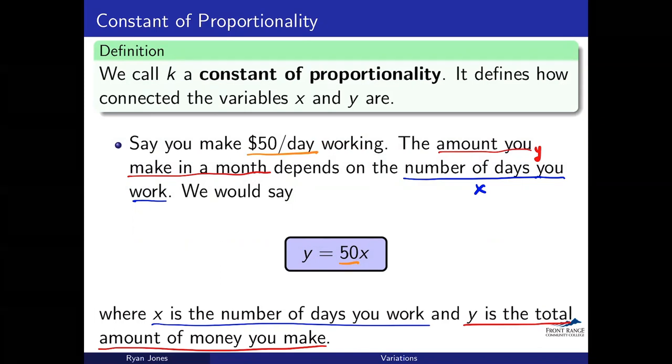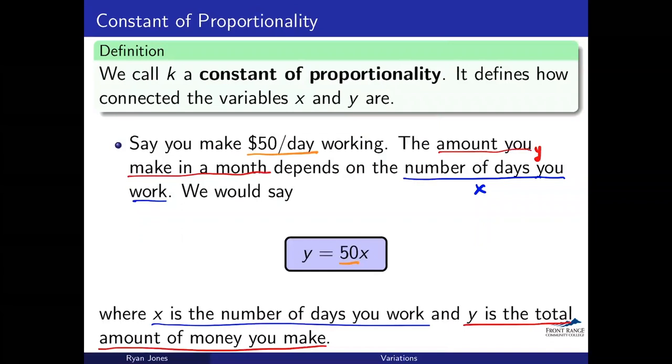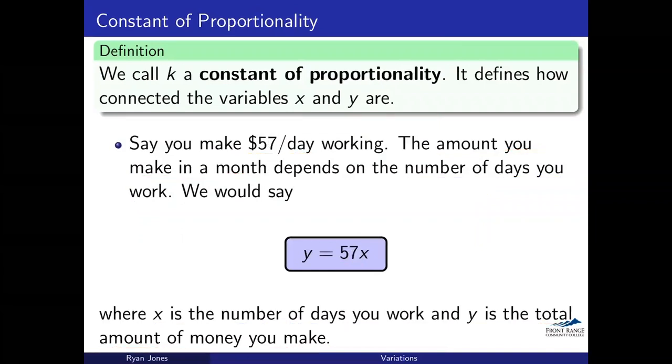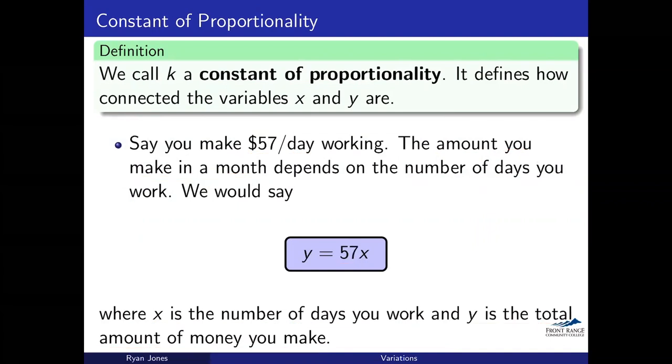But now let's say this. What if all of a sudden I make $57 a day? So that amount increases, right? You notice the only difference on the slide is that I'm just changing from 50 to 57. Now, what you'd be able to say is that as x changes from maybe 1 to 2, I'm going to make more money than I did before, because obviously I'm making more money per day.